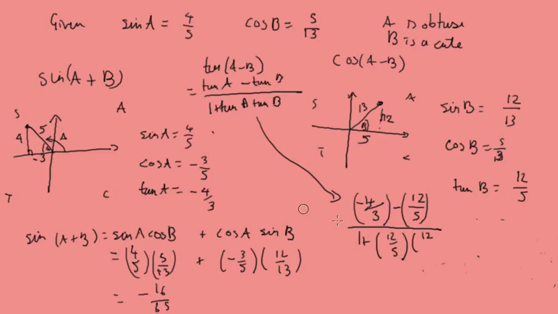Tan of A, which was minus 4/3, and then tan of B 12/5. So we need to play around with these. What I would do first is take this top part out.